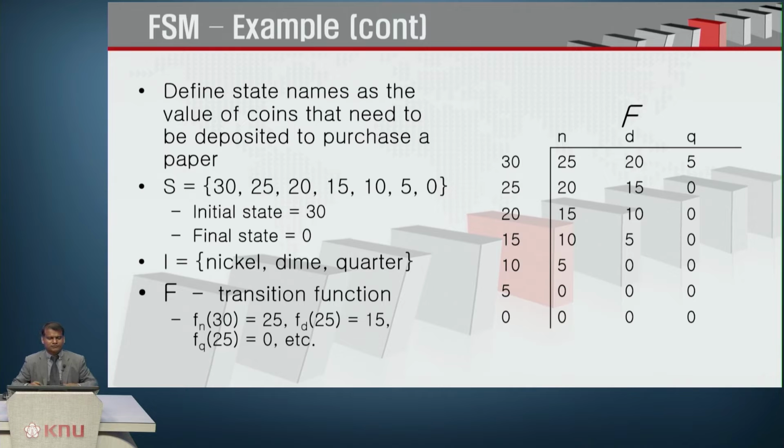We can see this simple table where we define the names as the values of coins that need to be deposited to purchase the paper. And what you have here is the input. You can have 30, 25, 20, 15, 10, 5 and 0. So the initial state is 30, the final state is 0, and your input can be nickel, dime and quarter.